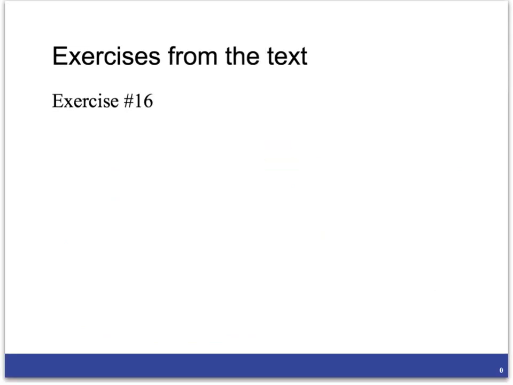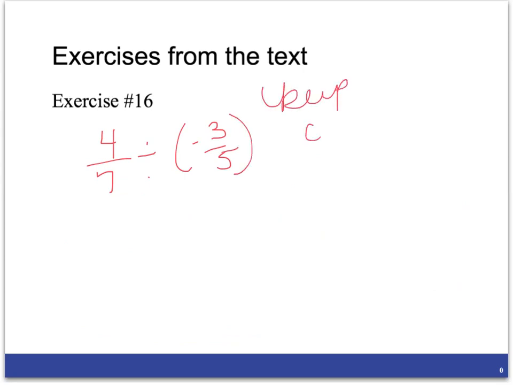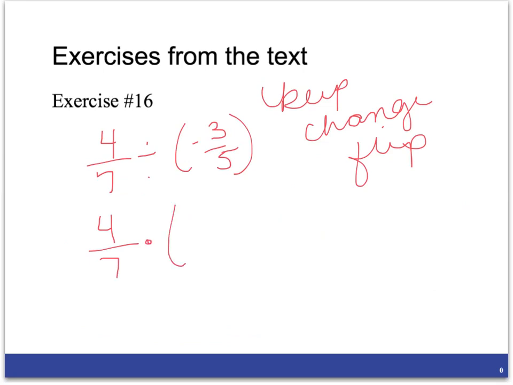Problem number 16, we have 4/7 divided by negative 3/5. Remember, keep, change, flip. So we have 4/7 multiplied by negative 5/3.